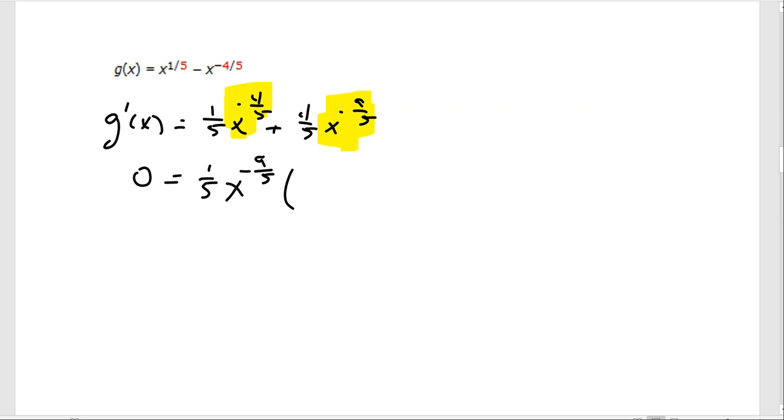Now remember, to get one in there, what we're doing is really dividing, right? When you're factoring things out or dividing, you subtract exponents. So if I do -4/5 minus the -9/5, that'd be -4 plus 9 over 5, because I already have that common denominator, and that leaves 5/5, which is just 1.